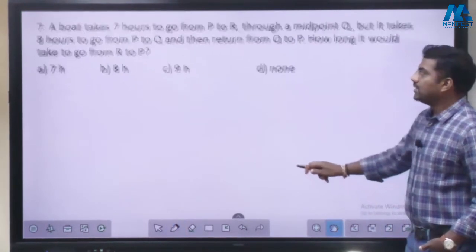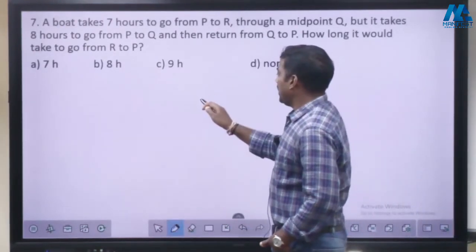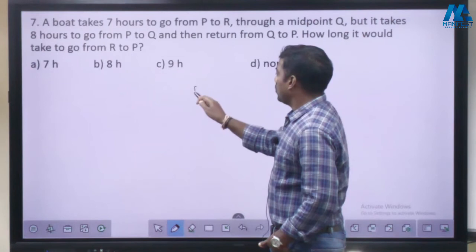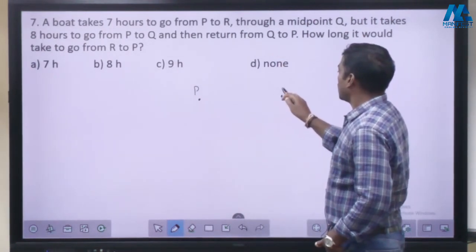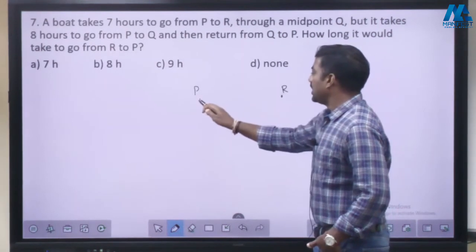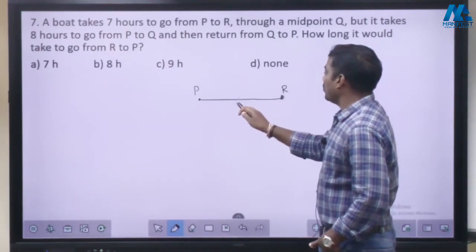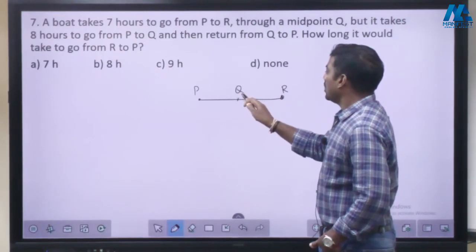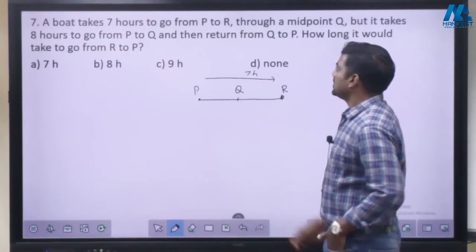A boat takes 7 hours to go from P to R, through a midpoint Q. How many hours will it take? 7 hours.